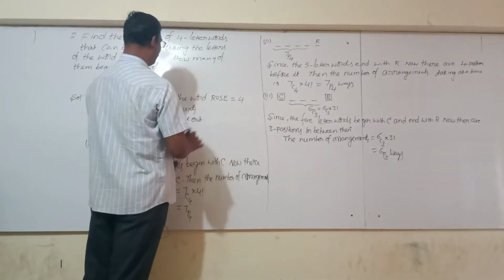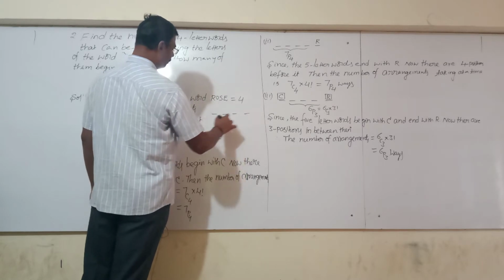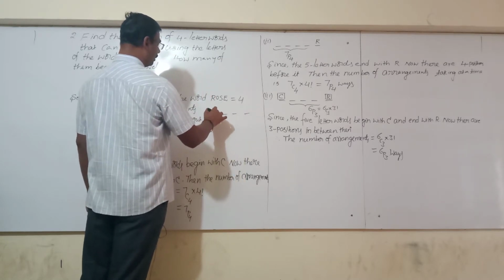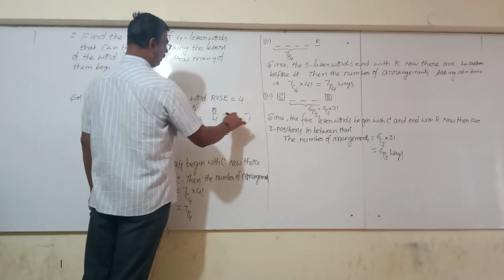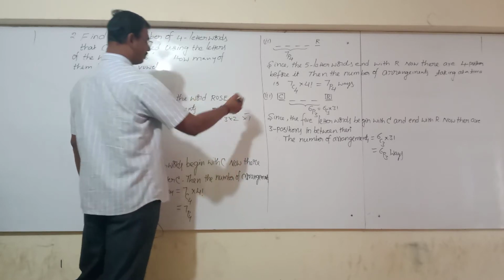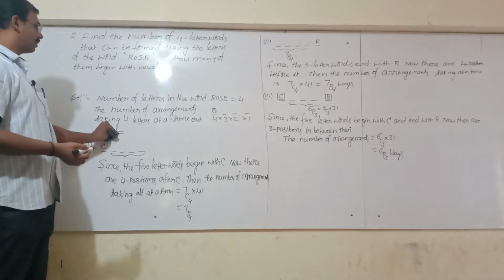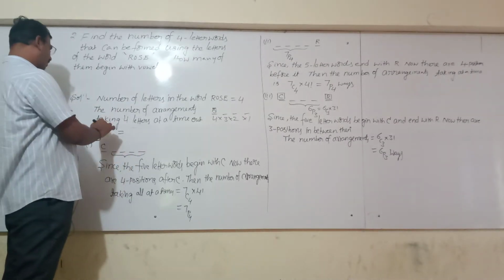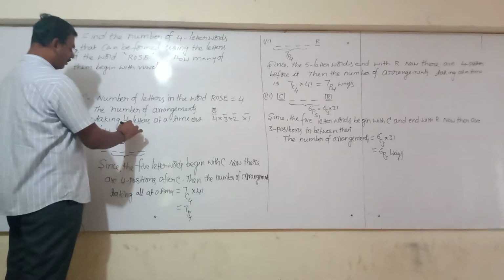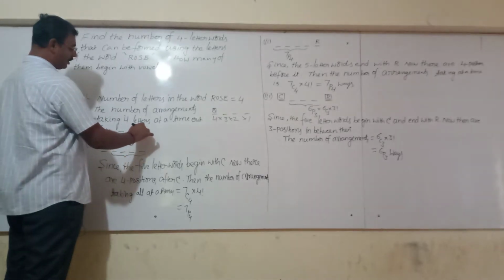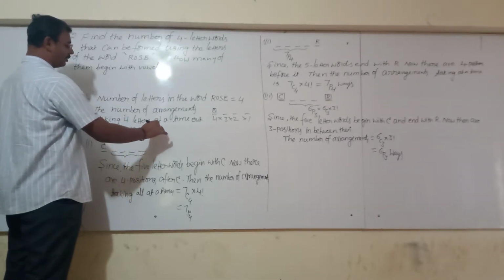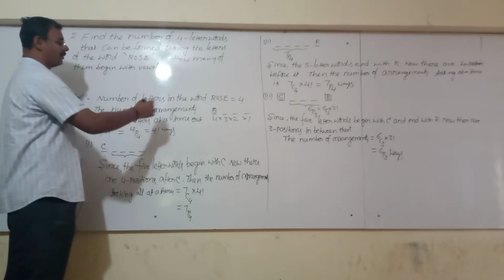Using the fundamental principle, 4 ways, 3 ways, 2 ways, 1 way, nothing but 4 factorial ways. So taking 4 at a time out of 4, this is nothing but 4P4, which is 4 factorial ways. This is the first question.